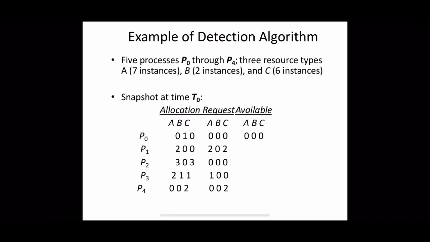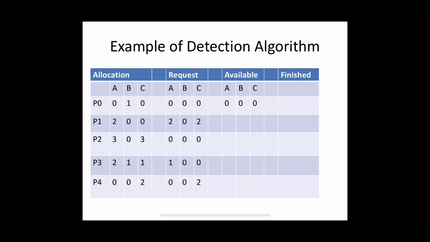So we have to find a possible sequence of execution. Find a process which is not yet finished, that is its allocation is non-zero, and whose current request can be immediately granted with the available resources. What about P0?